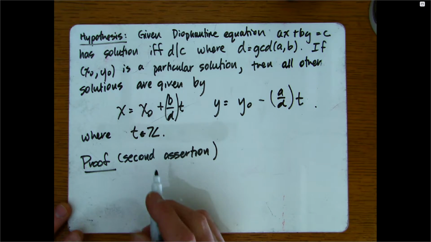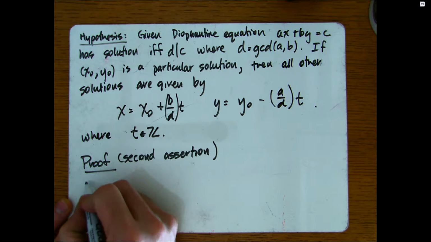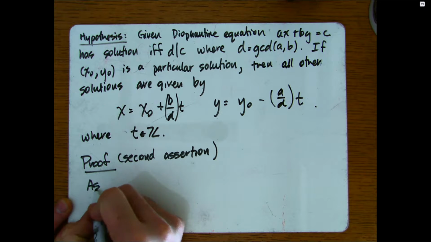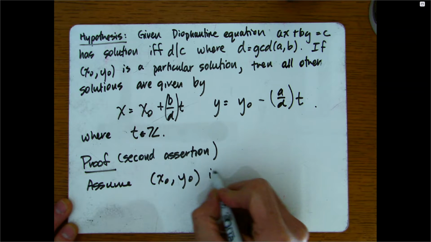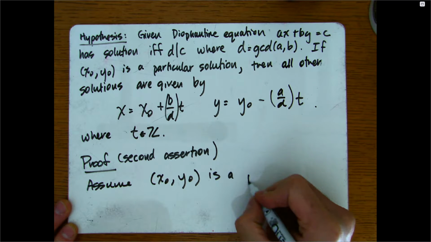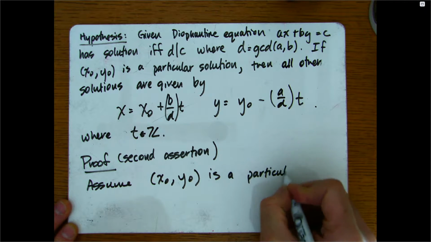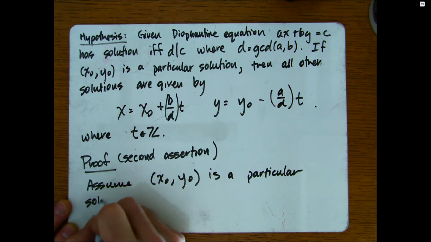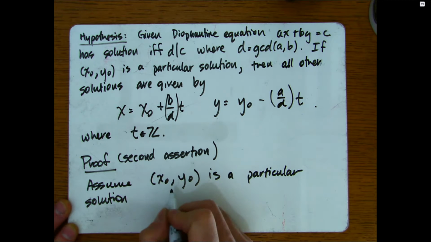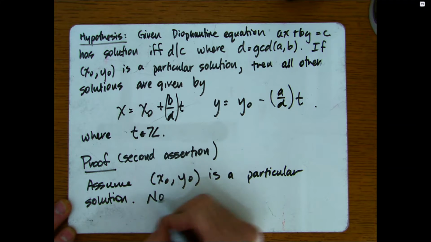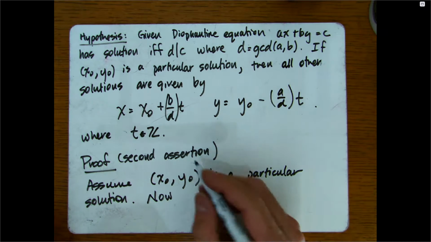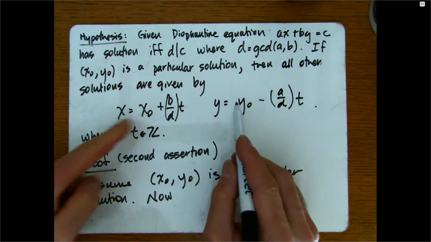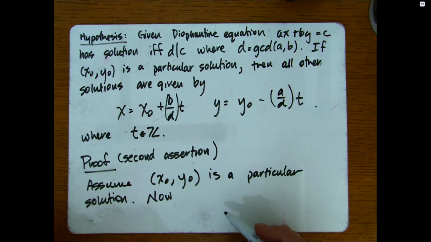So let's assume that x naught and y naught is a particular solution. Let's see if we can find another solution. In other words, once we know x naught, y naught, how do we find another solution? And what we'll hope to find is that the other solution will be of these two forms.